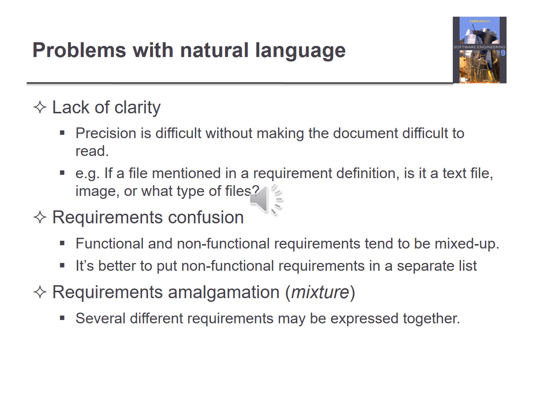The third problem, requirement amalgamation. Several different requirements may be expressed together as a single requirement. A customer could give you one sentence, and when you look at that line, you could find many different functional and non-functional requirements, all of them written in one or two sentences.